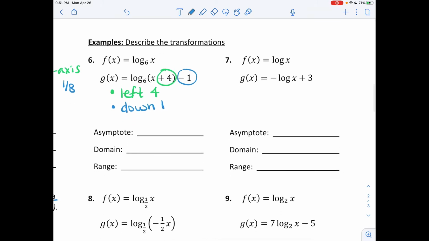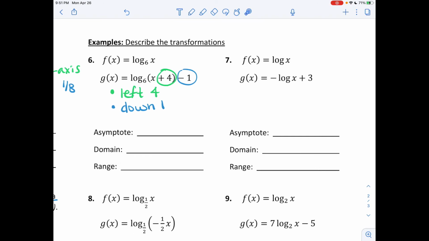Now here's where things can get a little tricky. Remember that for our exponential functions, we had a horizontal asymptote for our parent function at a y value of 0. But for our log functions, the asymptote was actually vertical along the y-axis at x equals 0. So now, in order to figure out what change might have happened to our asymptote, we need to look at things that have happened that change the x values.